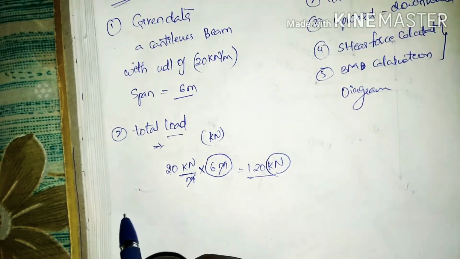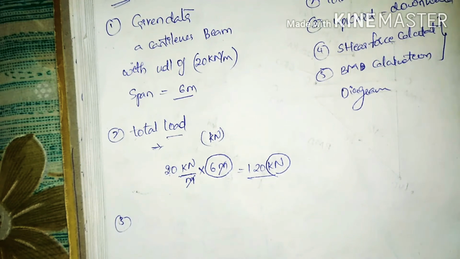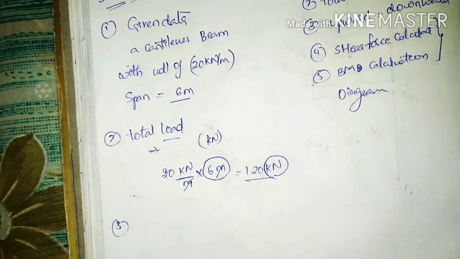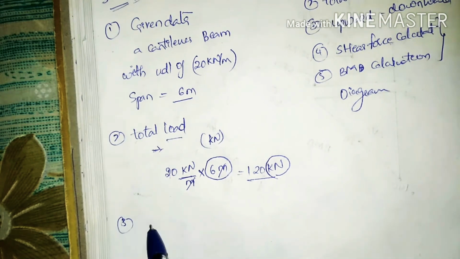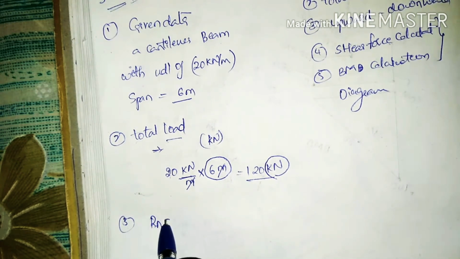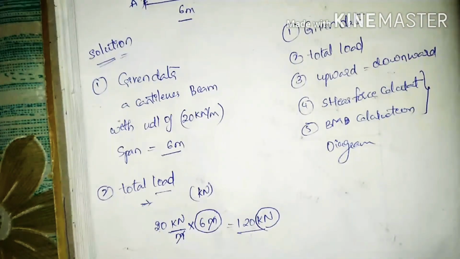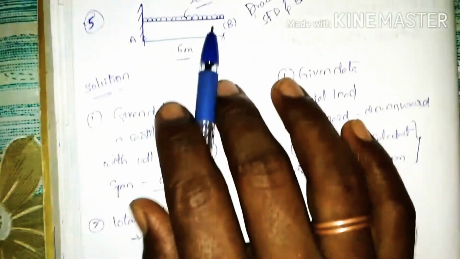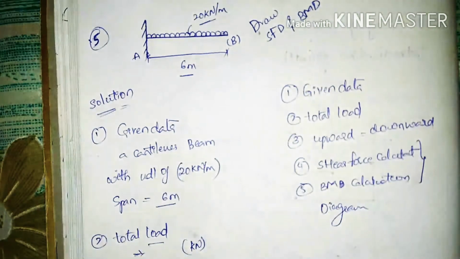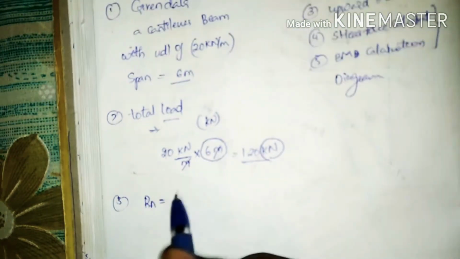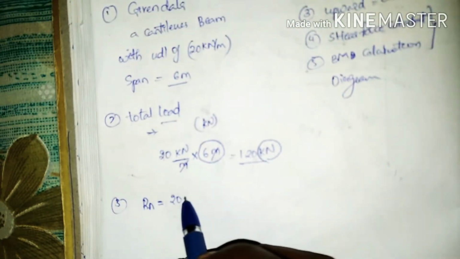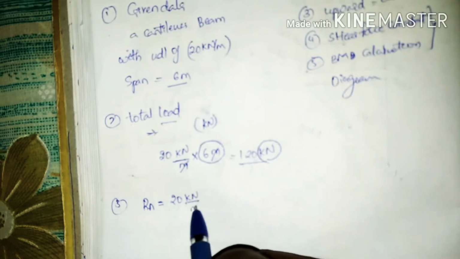Next, number 3, equating upward reactions to downward reactions. Here we have only one upward reaction, that is RA, and only one downward load, that is the UDL of 20 kilonewton per meter.